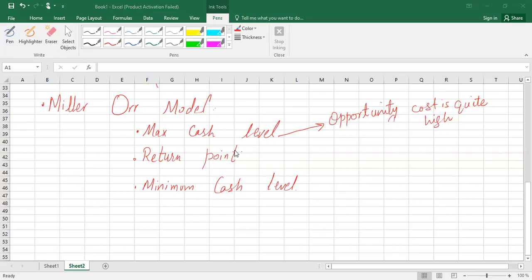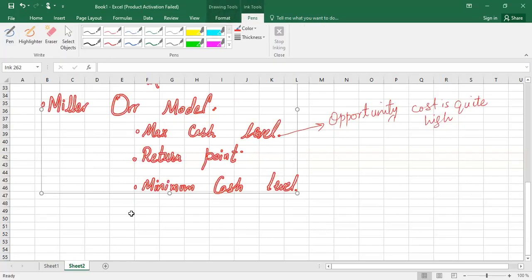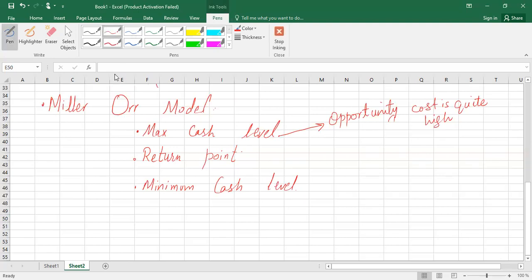You should invest cash in inventory. You should invest cash in short-term securities. That means you should invest cash in profitable opportunities and go to the return point. Definitely, when you are investing cash in receivables, inventory, and short-term investment, you will not only reach the return point, ultimately you will reach the minimum level of cash.